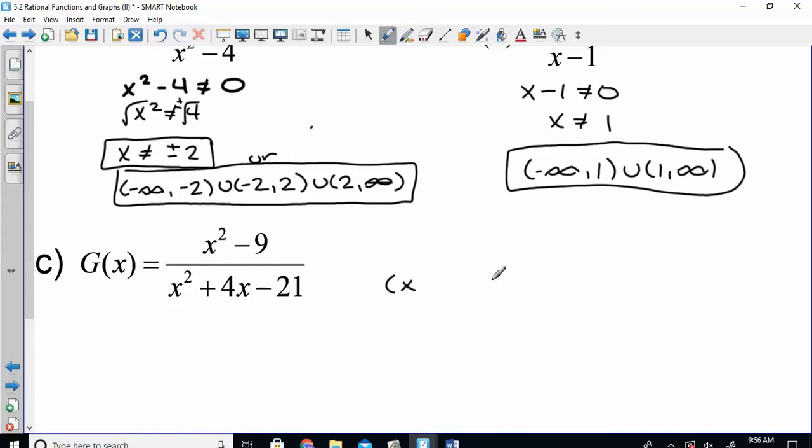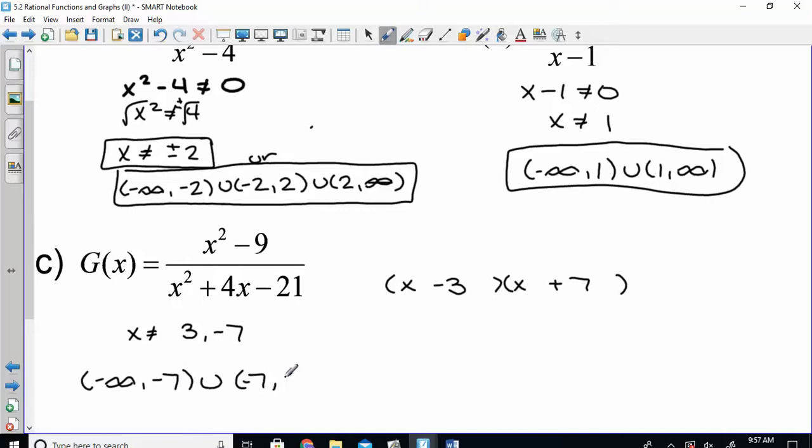We could do this shortcut. What multiplies to -21 and adds to positive -4? 3 and -7. So what can x not be? 3, -7. Good. If you wrote the interval, which I've told you, if it's more than one, I won't make you do, but you certainly could. It'd be everything smaller than -7, between -7 and 3, and bigger than 3.